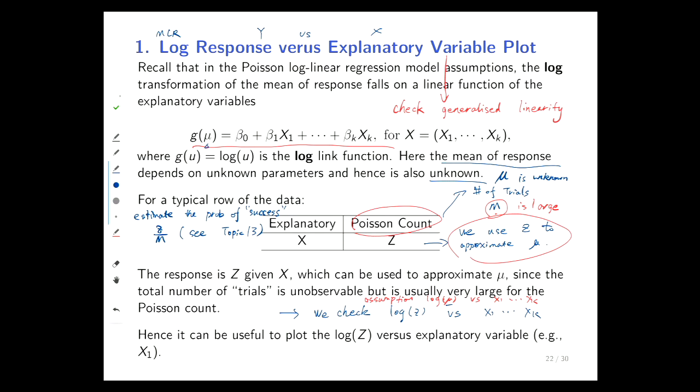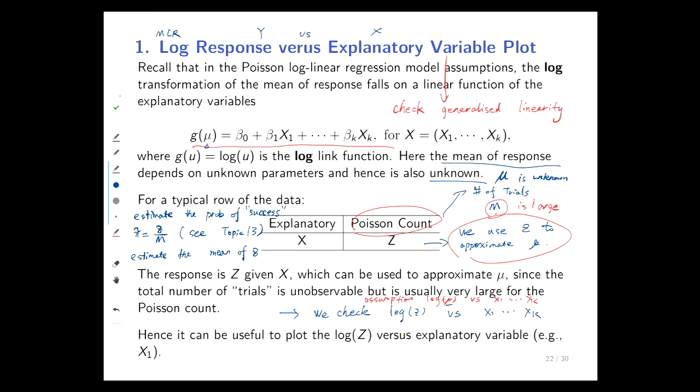And if we have the probability of success, the next question here is what is the mean of z? So we can use pi tilde here, which is the probability of success. So how to estimate the mean of count z?